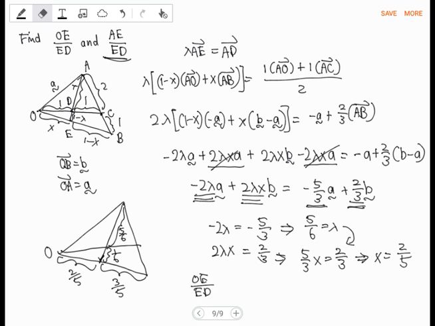OE over EB would be equal to 2/3. And next, AE over ED.